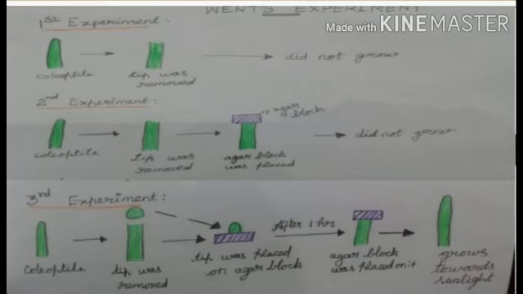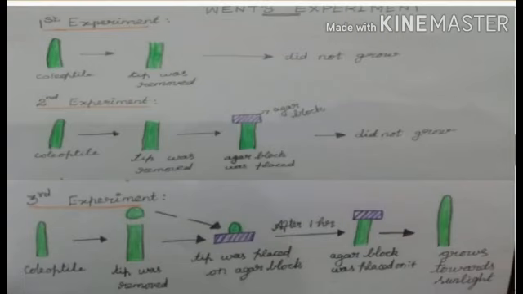It also did not show any growth. In the third experiment, he took the coleoptile, removed the tip and placed that removed tip on the agar block, and after 1 hour he discarded that tip and placed that agar block on the decapitated tip. Then he observed that the plant started to grow towards the sunlight.